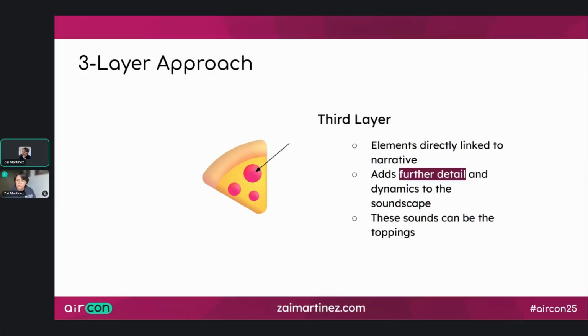Then we have our third layer. For this layer in particular, I could use either the entire loop of the sound, or I can treat it as a specifics layer in which I would put just individual effects according to the narrative that I am supporting.